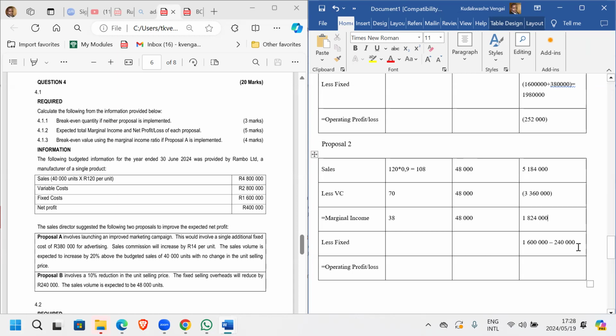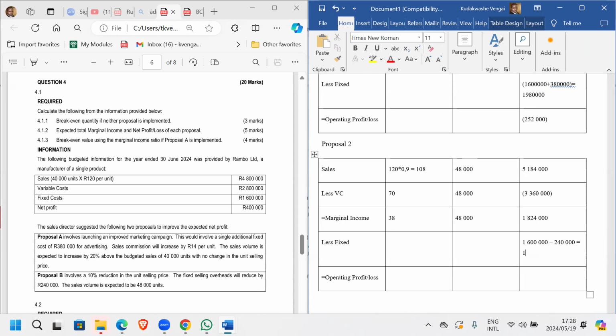And then this one here, we saw for that one, 1.6 million minus 240. That gives us 1,360. It's equals to 1,360,123. We subtract that from the profit that we have made, 184,000, and that gives us an operating profit of 464,000, sorry.